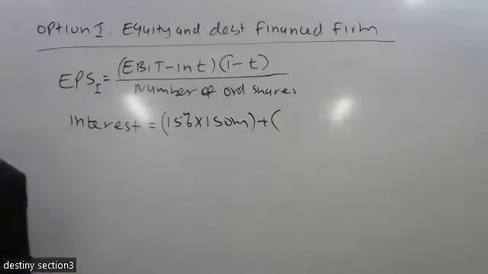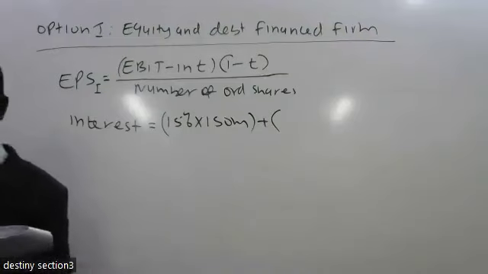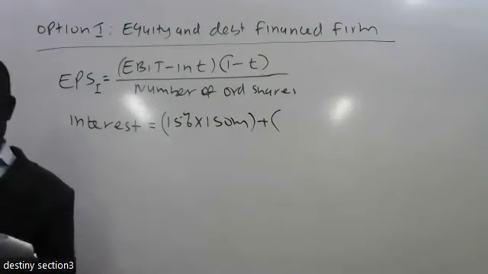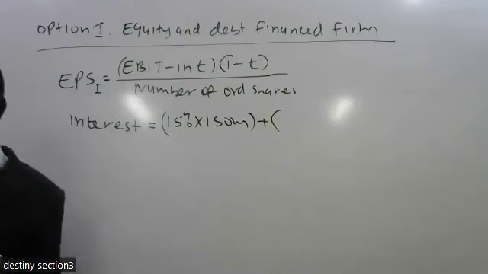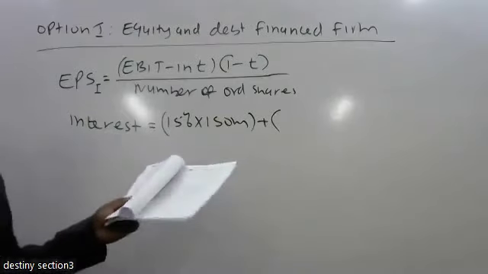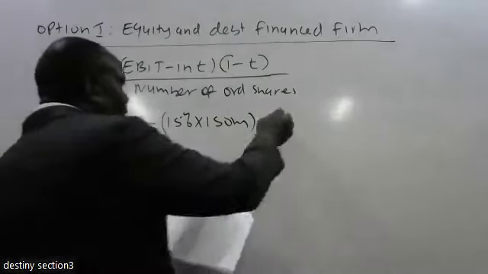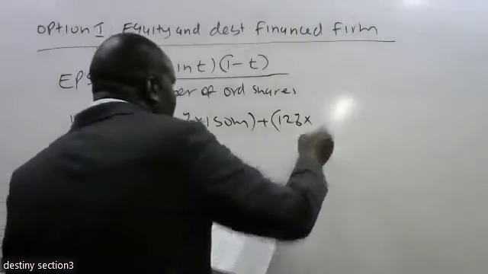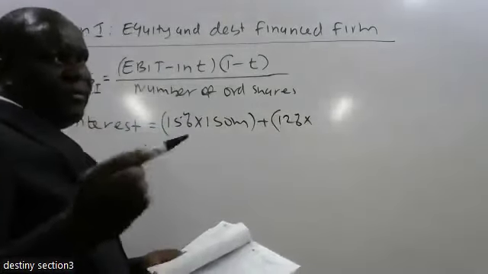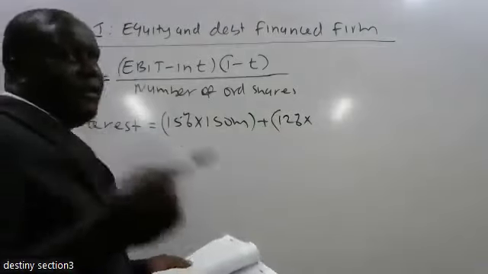The finance manager of Donald Limited intends to raise an additional 20 million to finance an expansion program. So under option 1, they issue a 12% debenture stock to raise that amount. So apart from the one they are currently paying, you also take the 12% of the amount you want to raise, which is 20 million.